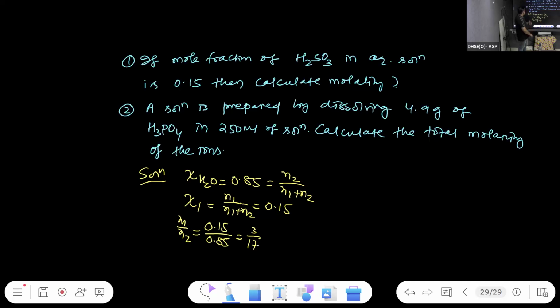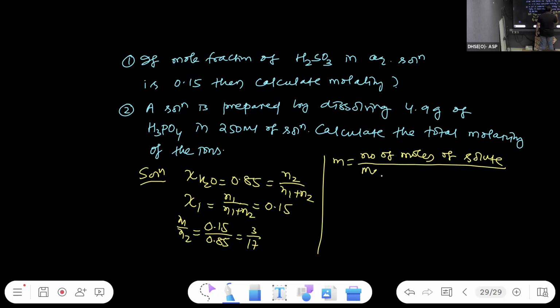Next, we have got N1 by N2. What we need is molality. So what is the formula of molality? Number of moles of solute divided by mass of solvent in kg.